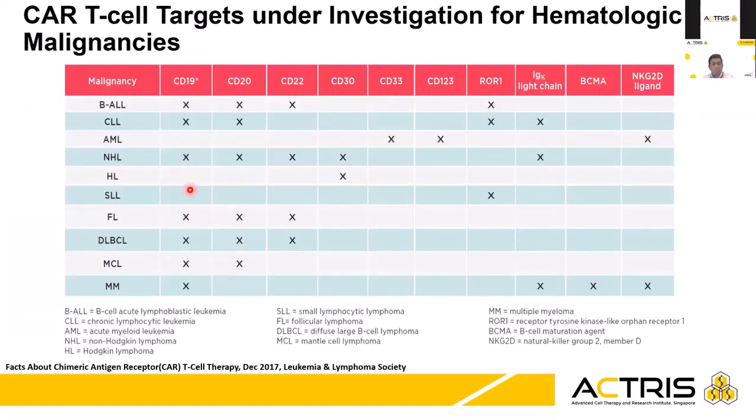The targets investigated through these various trials are highlighted here, as you can see. For hematological malignancies, we see markers such as CD19, 20, 22, 30, 33, CD123, and so on. Of course, BCMA is the primary target for multiple myeloma.